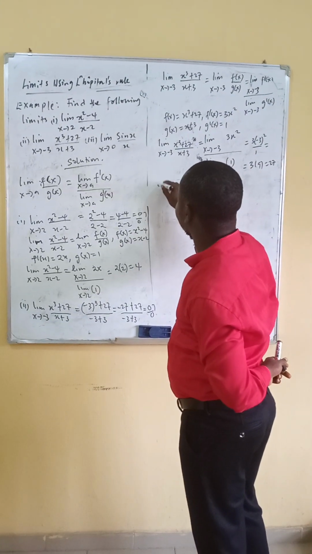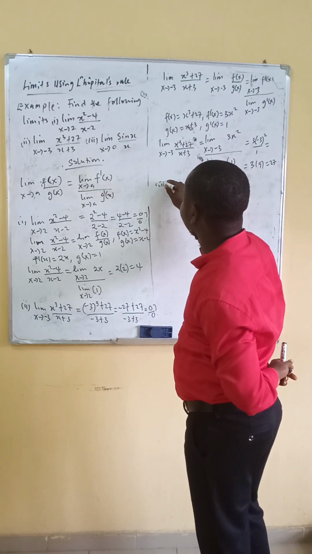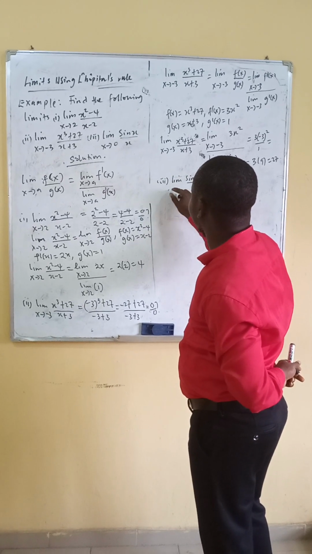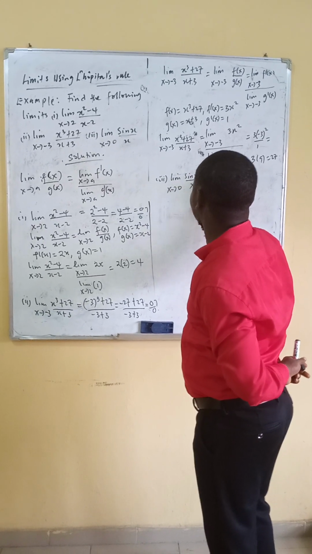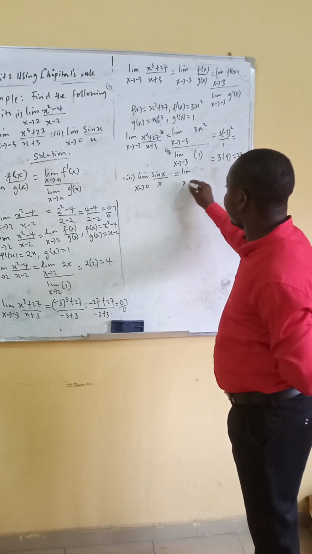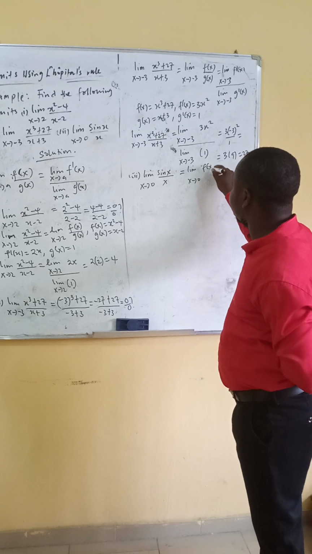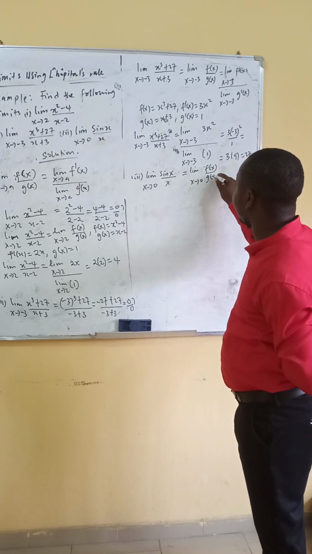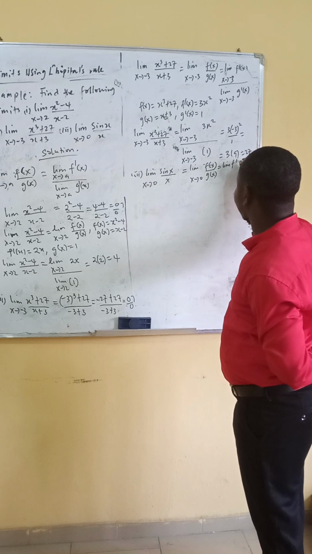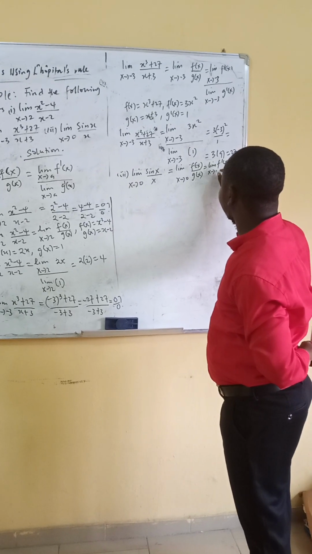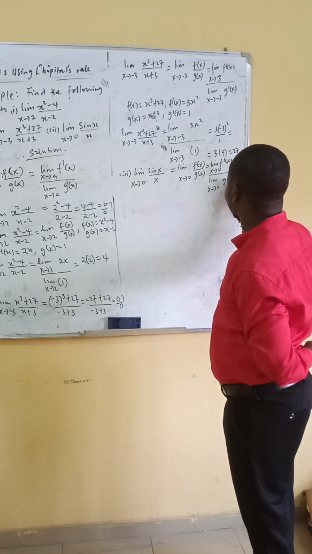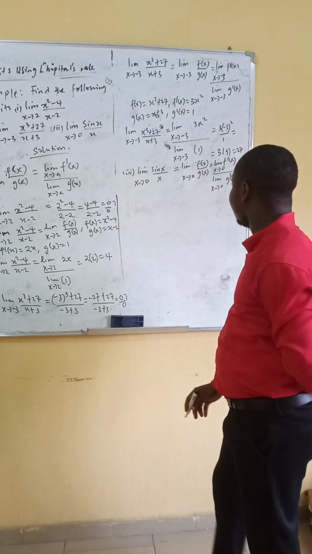Now the last, the limit of sin x over x as x tends to 0. Here the same thing as the limit as x tends to 0 of f of x divided by g of x, the same thing as the limit of f prime of x as x tends to 0 over the limit as x tends to 0 of g prime of x.